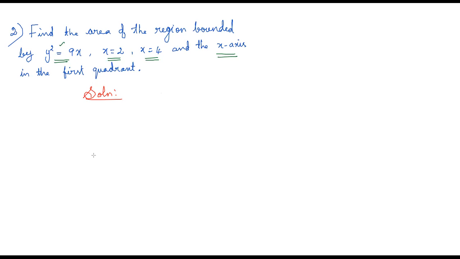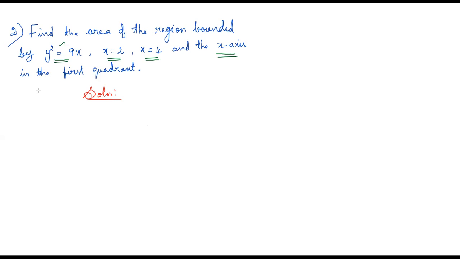You can guess that it is a parabola, because what's the general form of the equation? y square is equal to 4ax, right? Or x square is equal to 4ay, or even with the sign minus 4a, something like that.